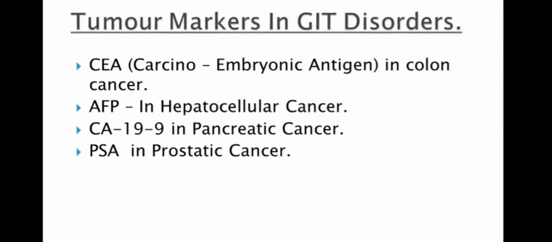AFP is a very simple test to identify hepatocellular carcinoma. If anybody in middle age has a history of chronic alcohol use, or viral hepatitis, then definitely you can do it.